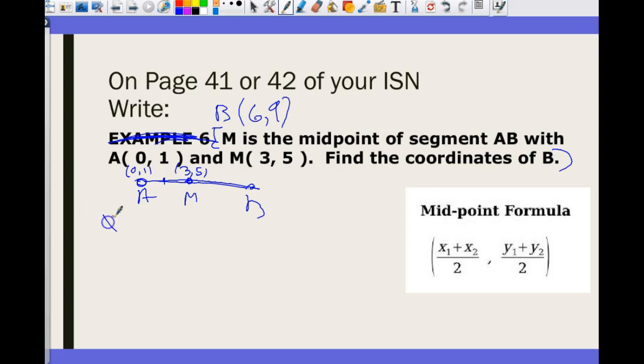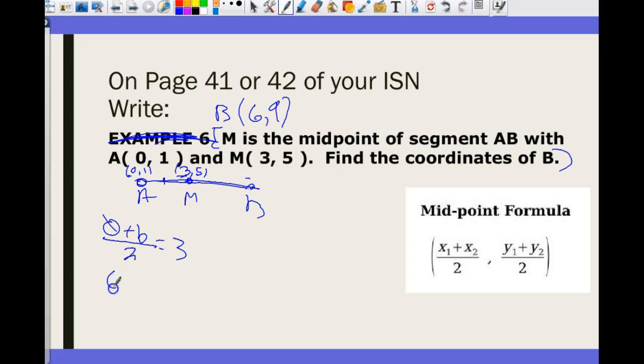We know our formula is x1 plus x2. We know x1 is 0 plus x2. Do we know what x2 is? No, so we're going to use a variable. Let's use, I don't know, B. Divided by 2 is equal to the midpoint, which is at 3. X component, x component, x component. Solve for B. Let me rewrite this.